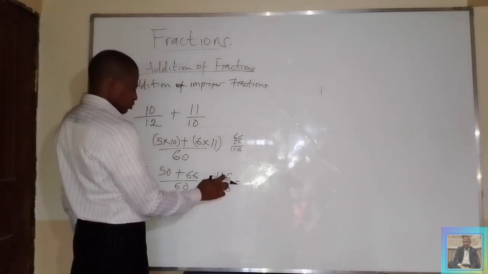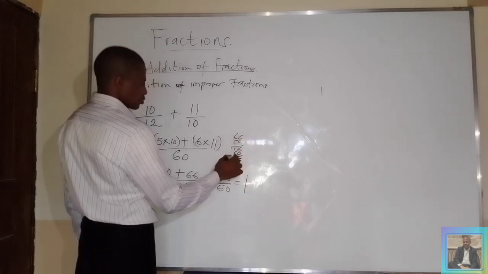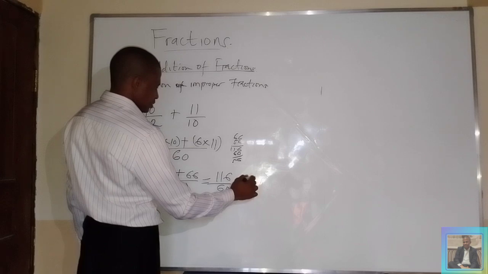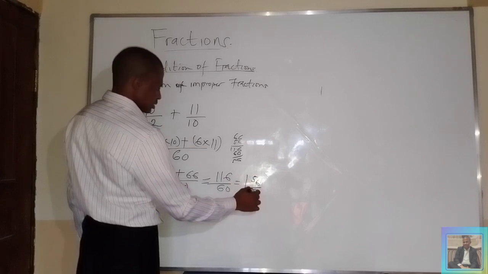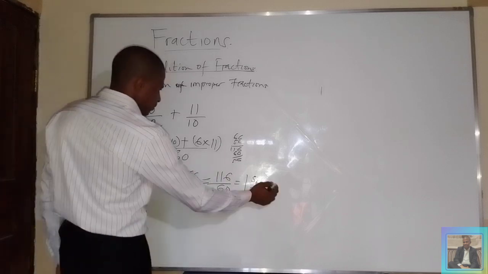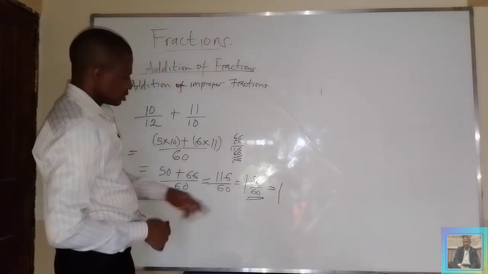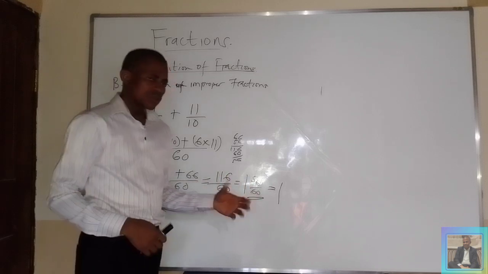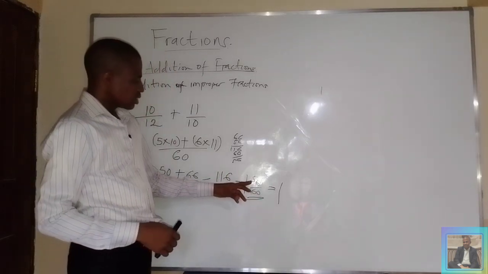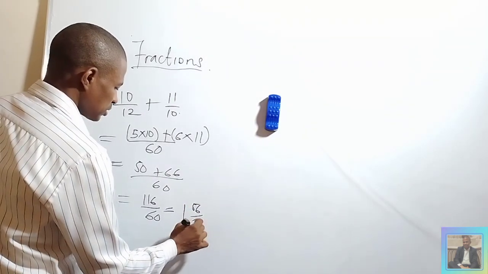How many 60 can we find here? 1. That's 60. So what will remain? 56 over 60. We can leave the answer like this. We can go further and say one whole number, 56 over 60.